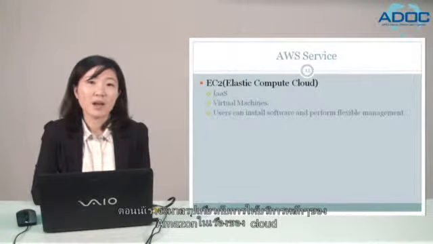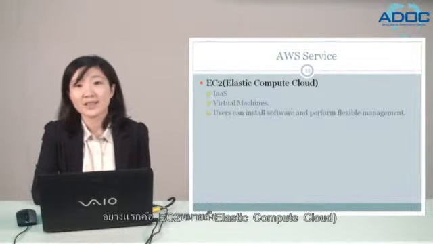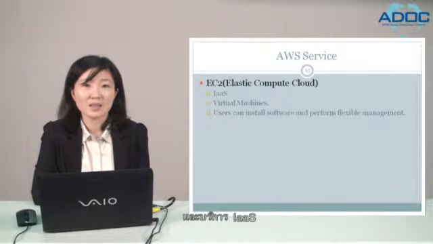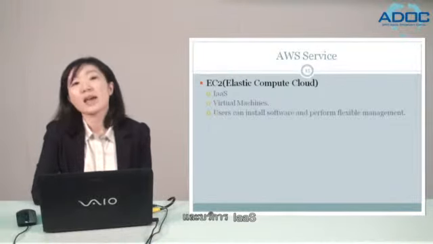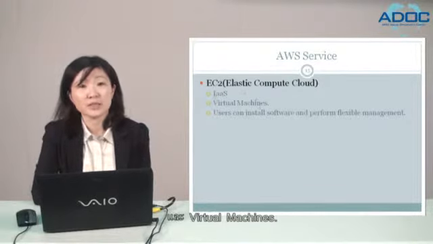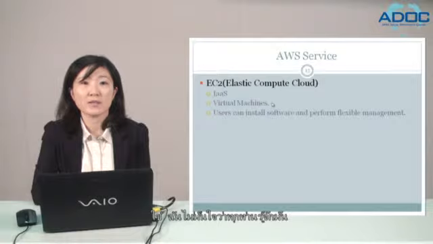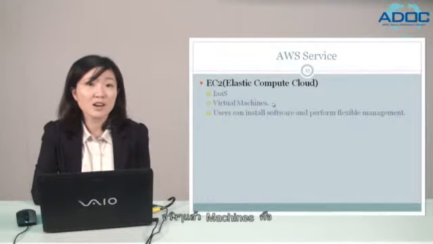So now, I will give you a brief summary of Amazon's major cloud services. The first one is EC2, which stands for Elastic Compute Cloud. It is an IaaS service and runs virtual machines. I'm not sure if anyone knows what virtual machines are.